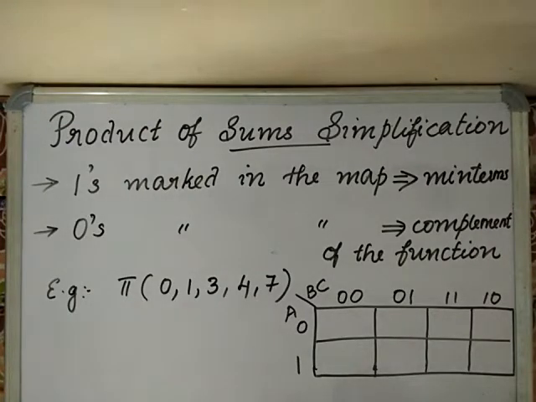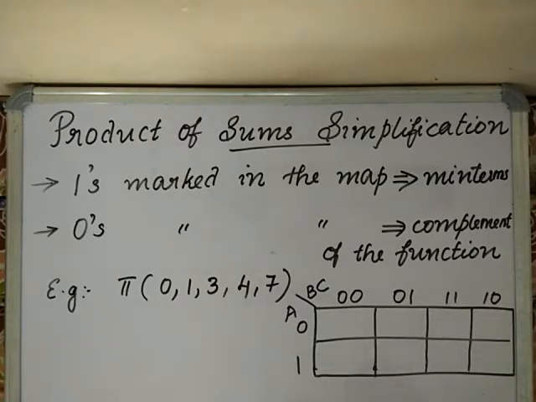In the previous session, we have already seen K-map or Karnaugh map to minimize the Boolean functions. The minimized Boolean functions derived from the map were expressed in sum of products form. But when we do some minor modification on that, we can obtain the product of sum form also.